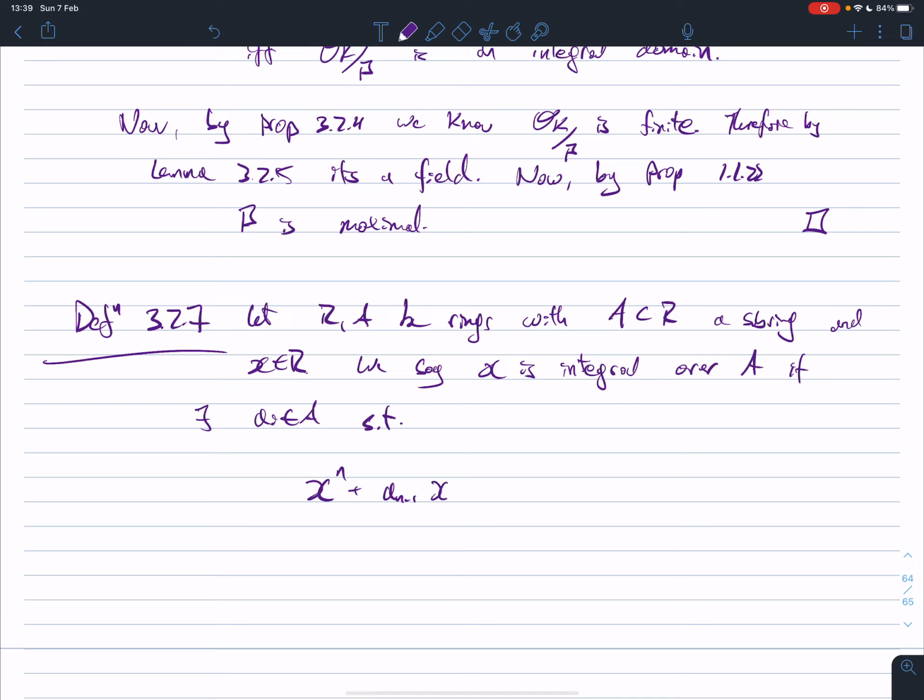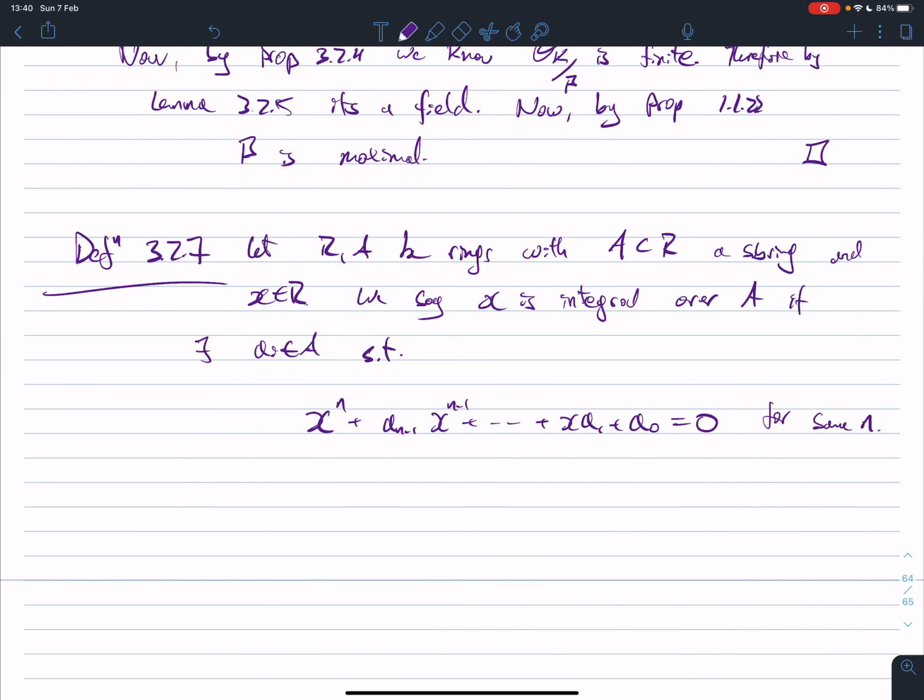So I have some element x in my bigger ring which satisfies some polynomial with coefficients in the subring.